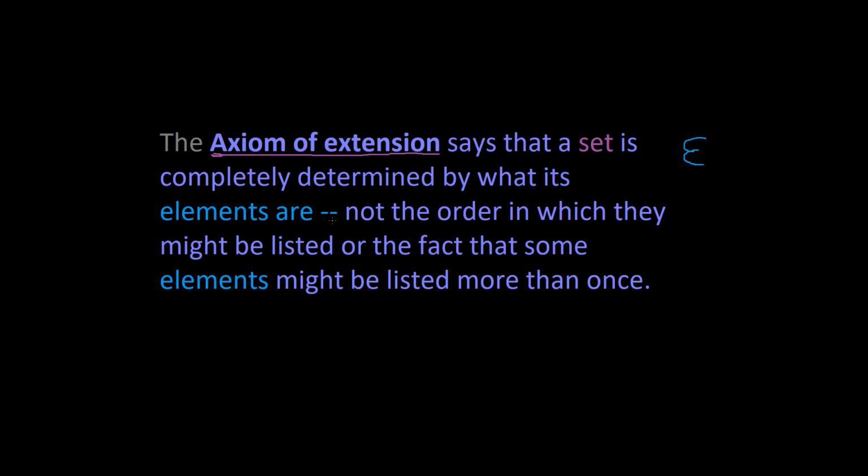So let's keep reading on. It says, not the order in which they might be listed, or the fact that some elements might be listed more than once. Alright, so let's take a look at some actual examples of elements, right? So in math, our elements will be numbers.